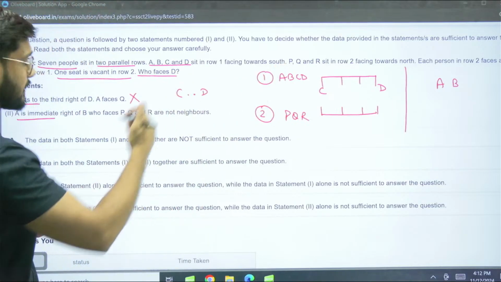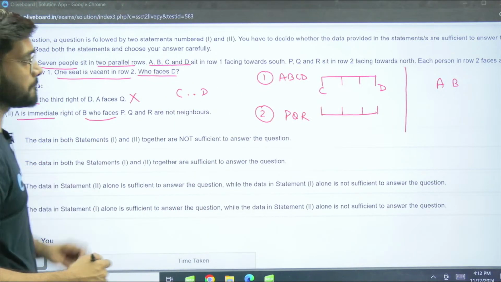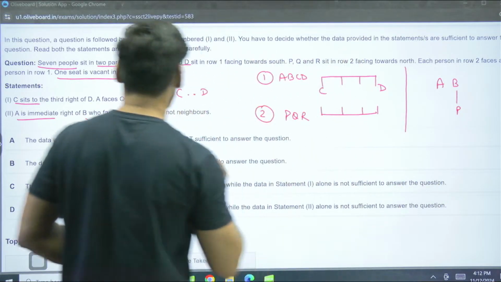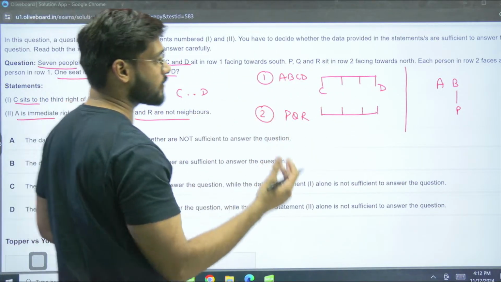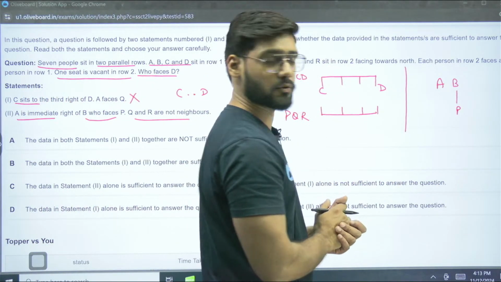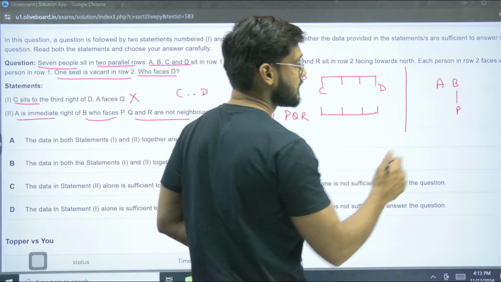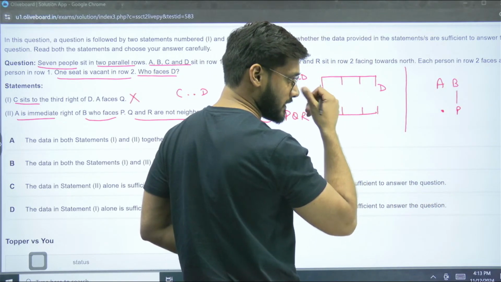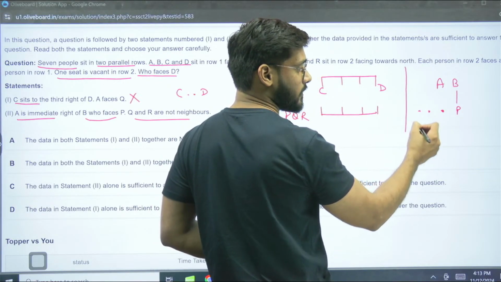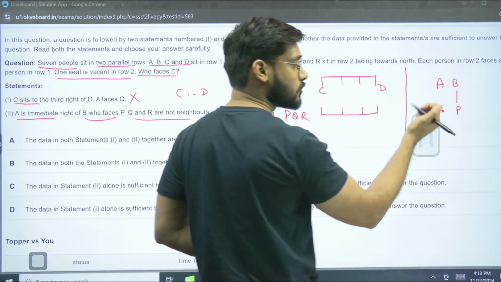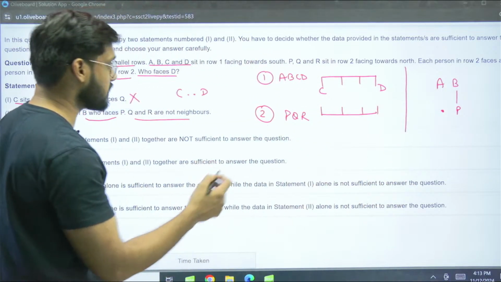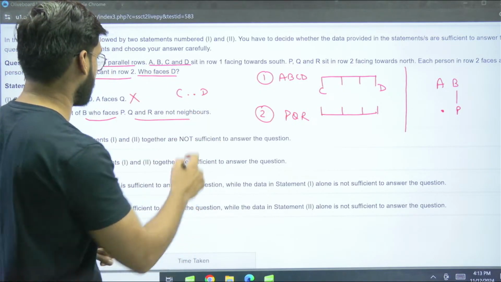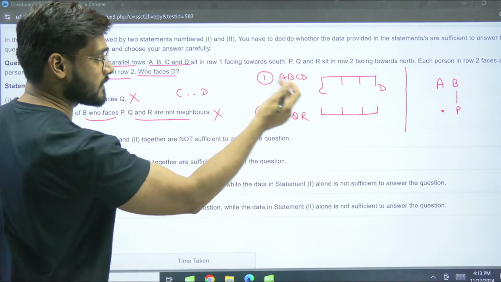B is facing P. Q and R are not neighbors, which means Q and R will not come together. So there will be one seat like this and 2 seats more. Those 2 seats can come in any way, and hence we cannot get who is facing D with the help of statement number 2.